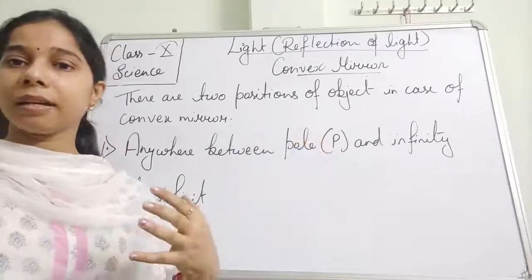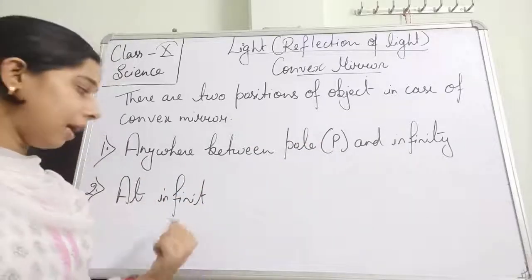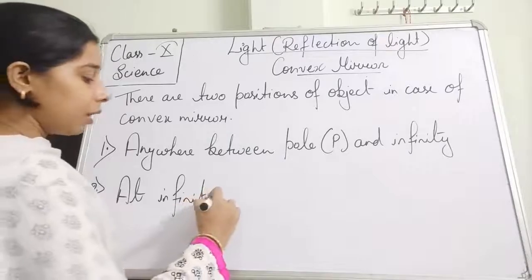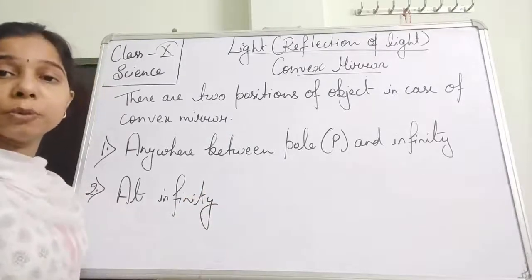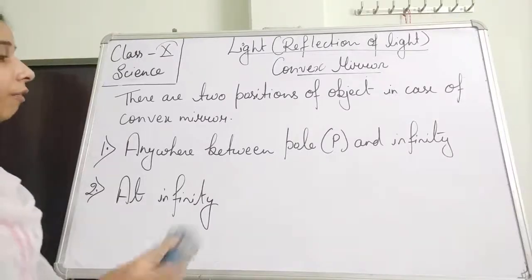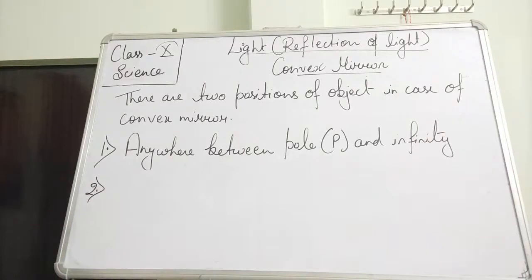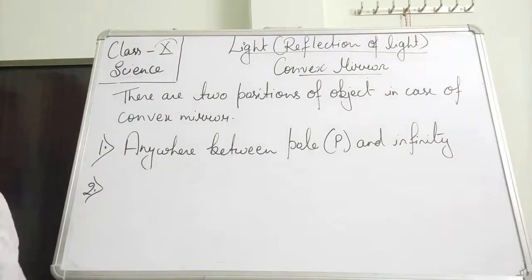And there is another kind of image formed when the object is kept at infinity. It is because of that there are only 2 positions talked about here. Let us see what kind of images are formed there, students.